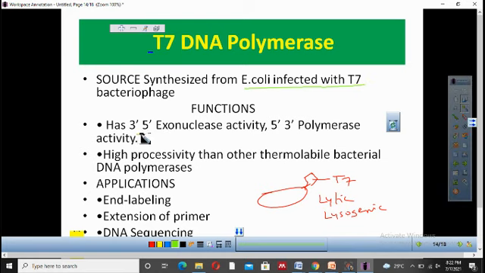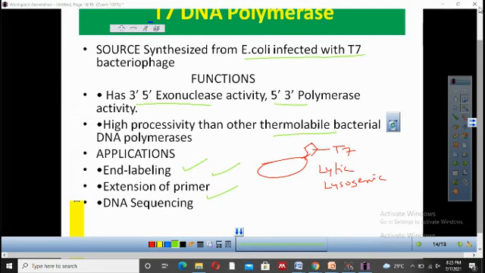Again, it has 3' to 5' exonuclease activity and 5' to 3' polymerase activity, with higher processivity than other thermolabile bacterial DNA polymerases. Again, end labeling, extension of the primer, and DNA sequencing are the common functions.